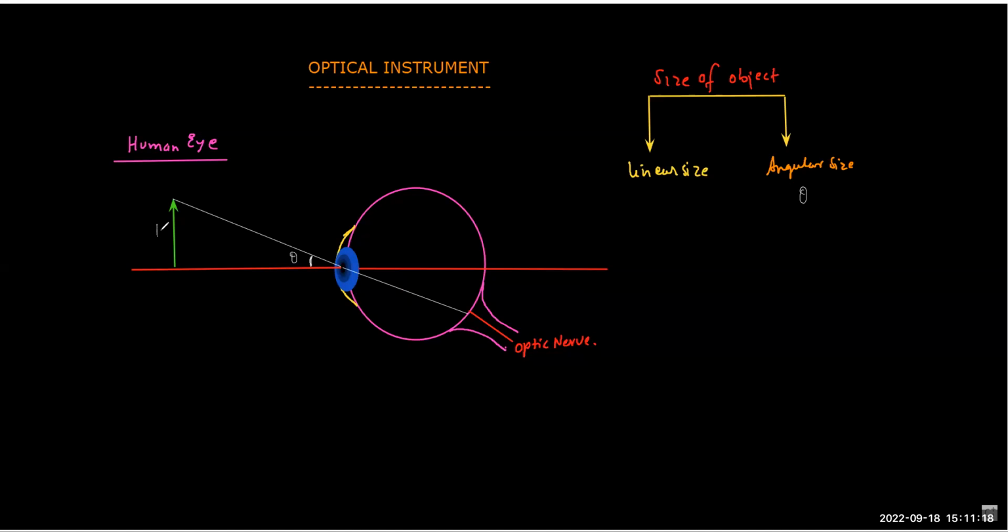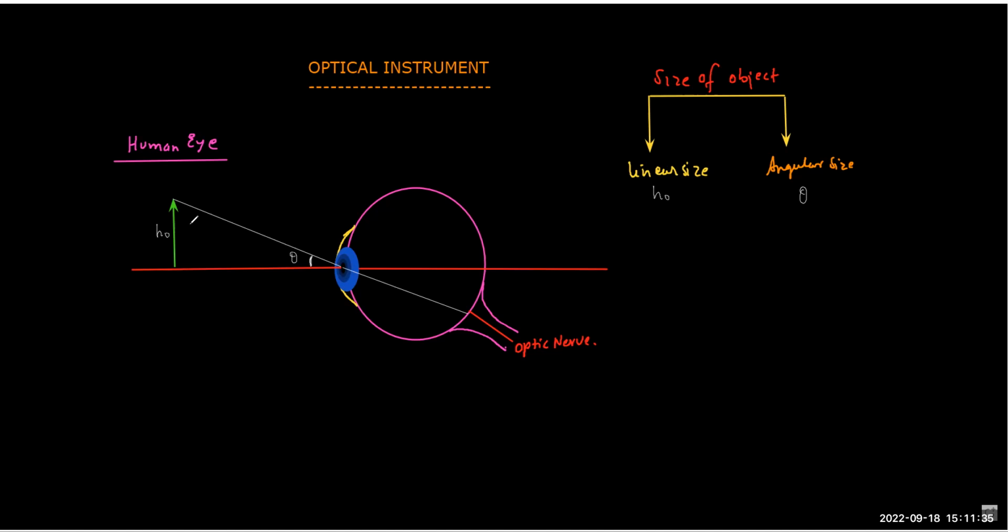And this HO we can call the linear size. So for the human eye, it is always the angular size which matters, not the linear size.